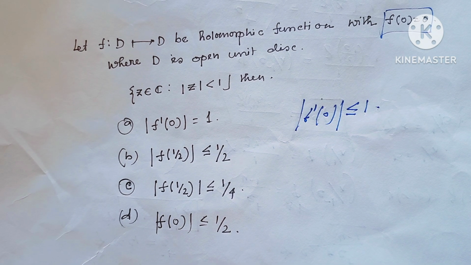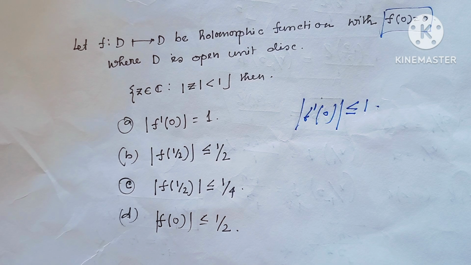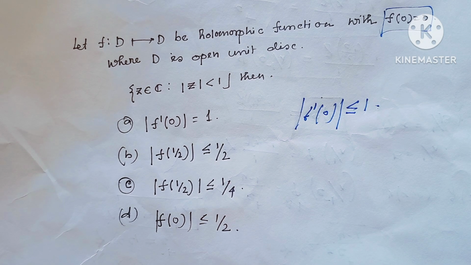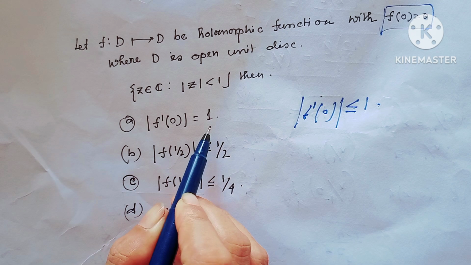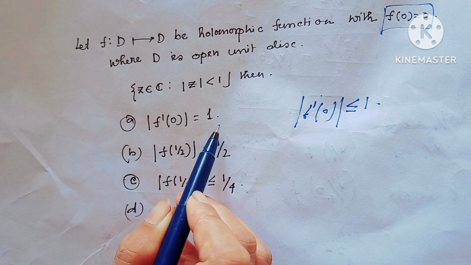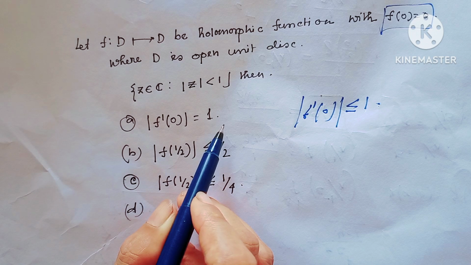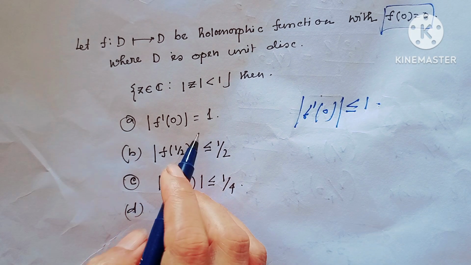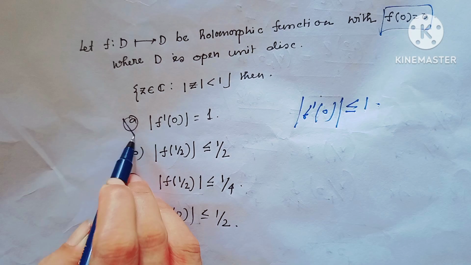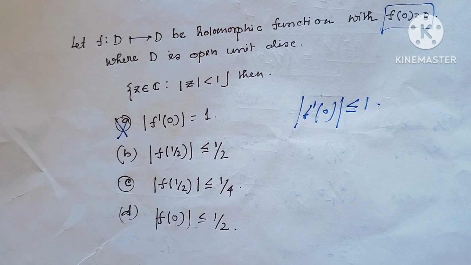Equal to 1 always is not possible. It may be less than 1. So option A is not the right option.